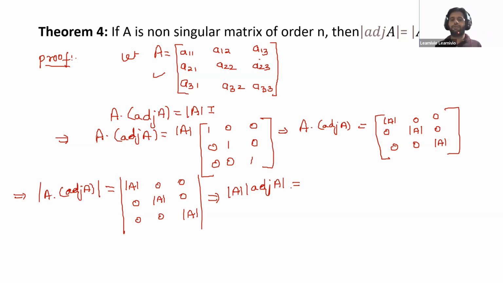Inside this determinant, we will get 1, 0, 0, 0, 1, 0, 0, 0, 1.